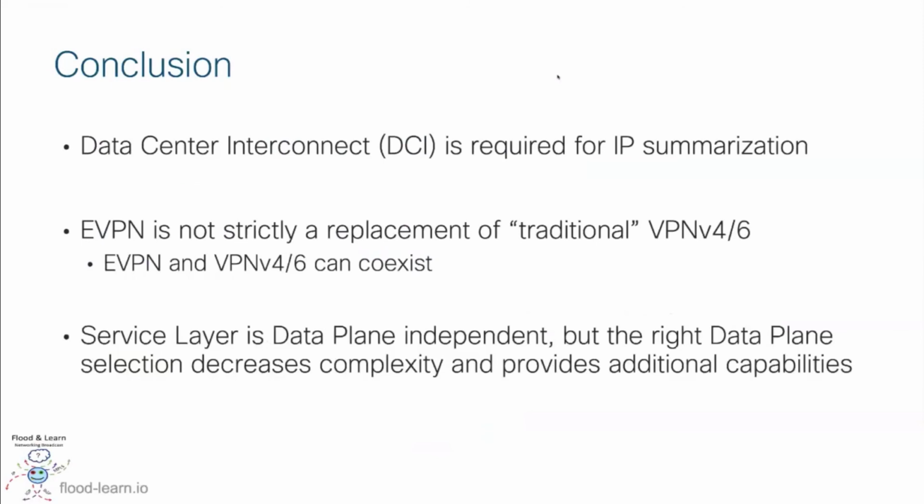This is the way you can scale on the DCI and also in your DC. If you don't do the summarization, theoretically it will work, but your remote PE or remote DCI will have to install all the host routes from your DC.